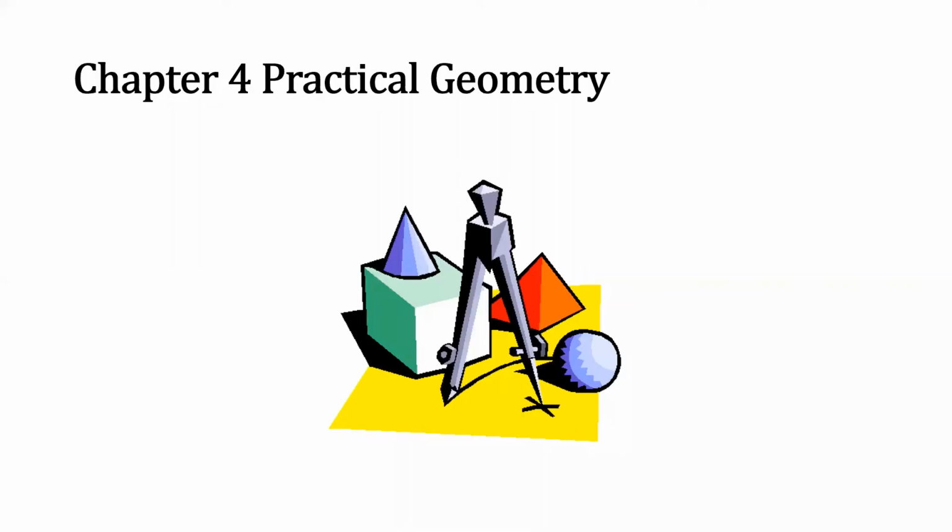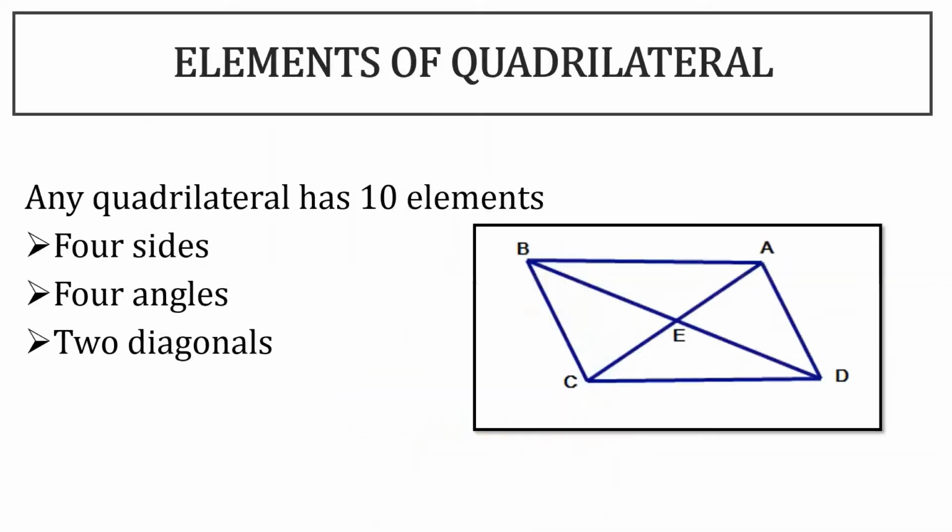Chapter 4, Practical Geometry. Here, in this chapter, we are going to learn how to construct quadrilaterals. So, first, we will discuss elements of a quadrilateral that we have already done in the previous chapter.